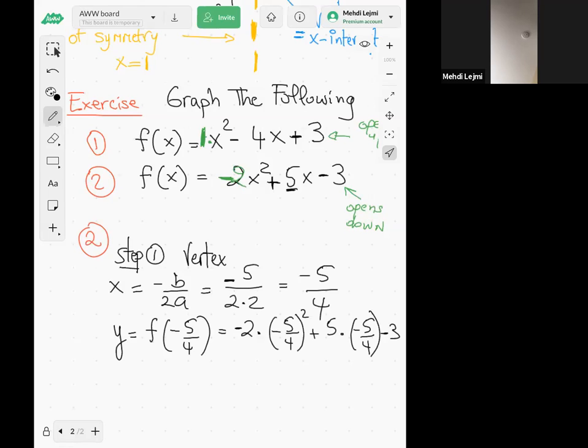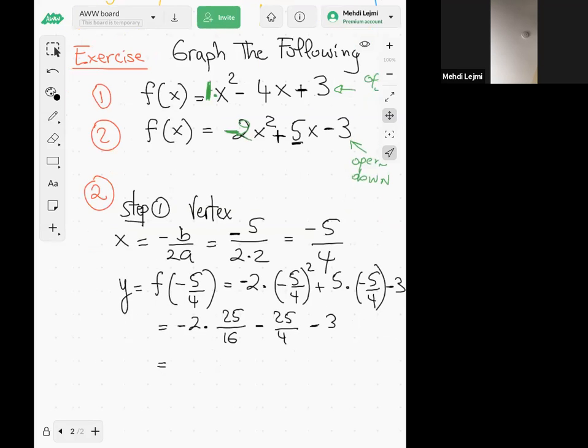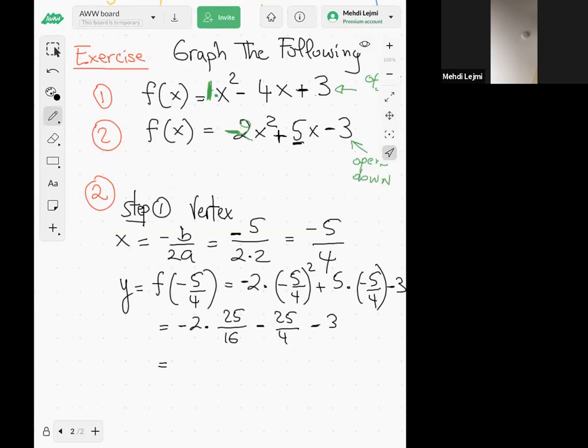That equals negative 2 times 25 over 16, so negative 50 over 16, minus 25 over 4, minus 3.